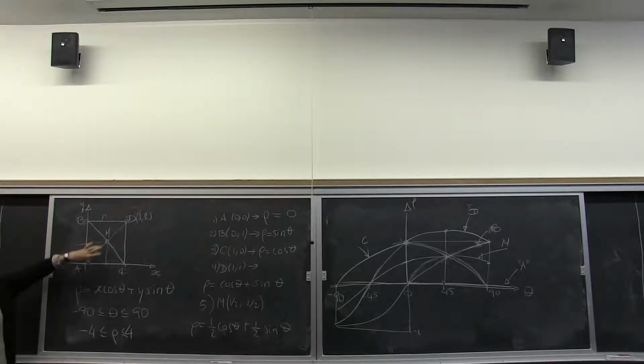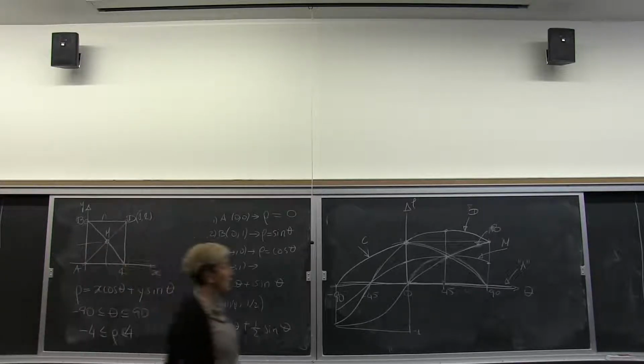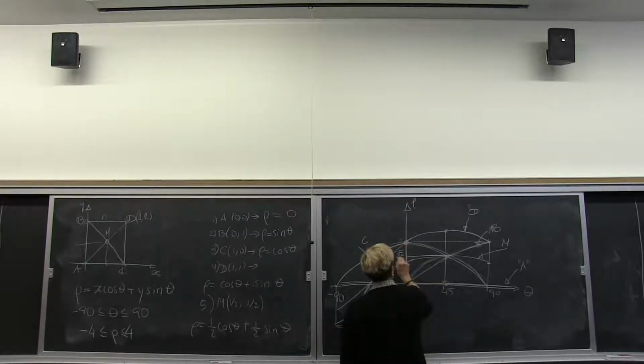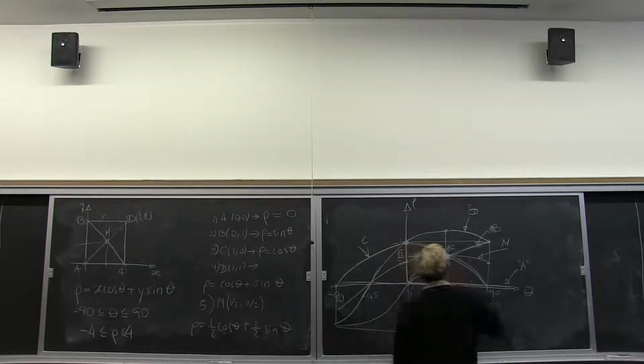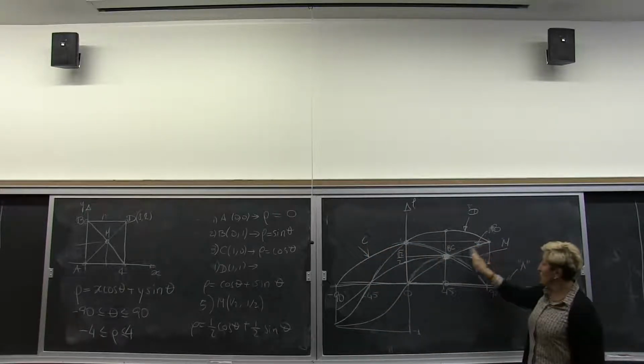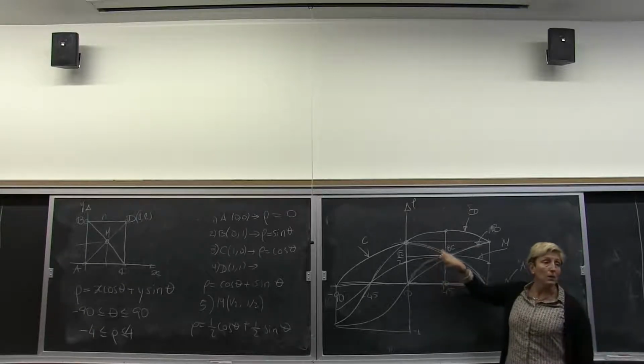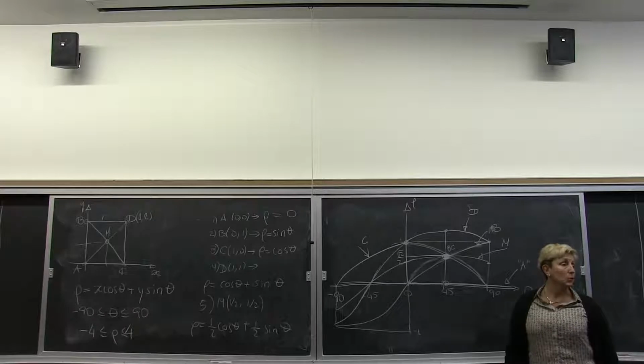Okay, that's rho. And how much is theta? 45. So 45 and square root 2 by 2. Here, that point is, I call that BC. And that's a good thing because it's the intersection of the curve for B and the curve for C. Okay, so that's where it should be.